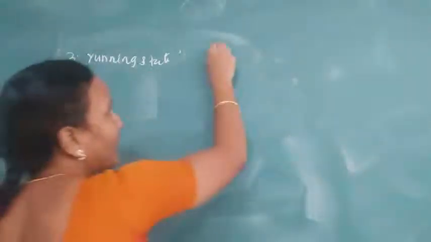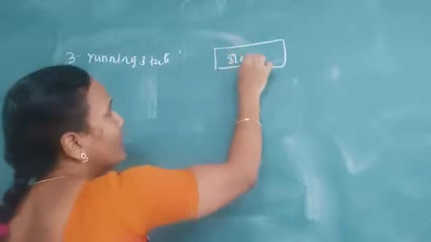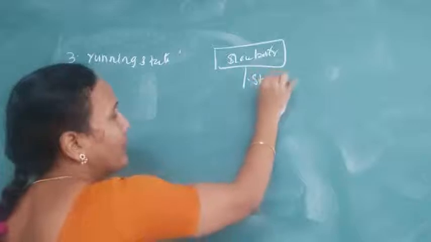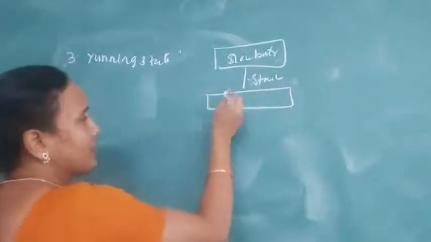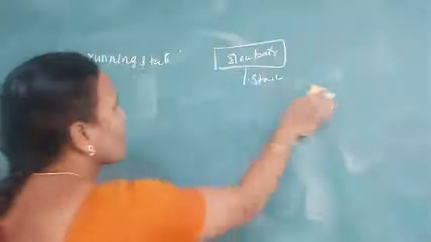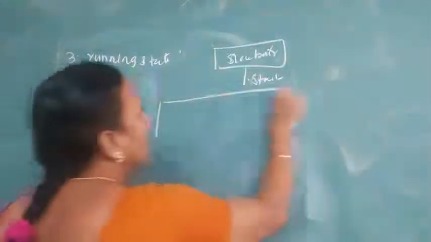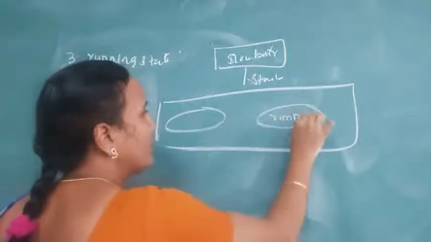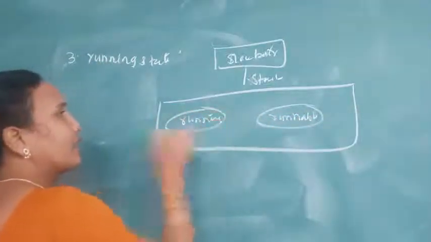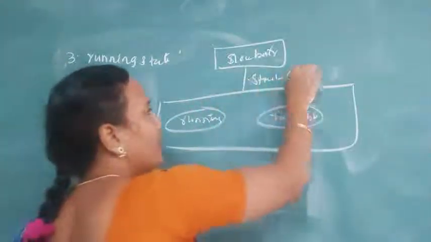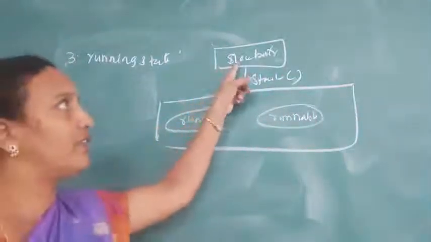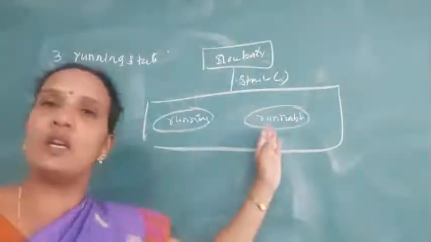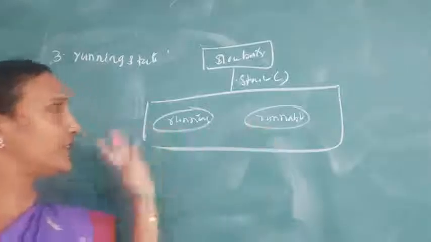See, according to your diagram, first is the newborn state, and when you call the start method from the thread class, the thread will move from newborn state to the runnable state. This runnable state means the thread is waiting for the processor time. Means the thread is in the queue and it is waiting for the processor time.